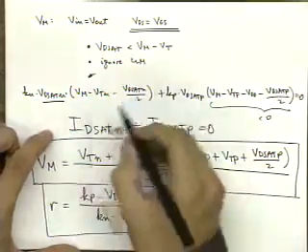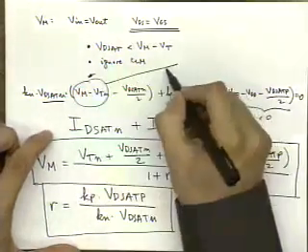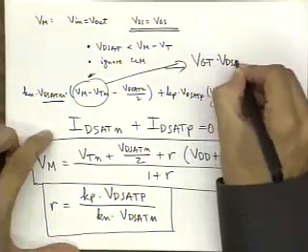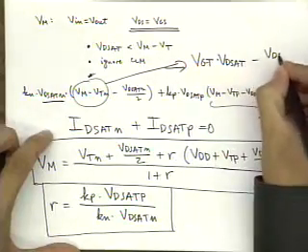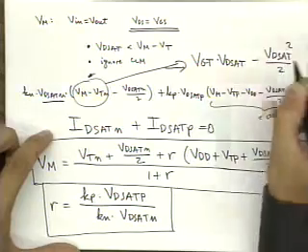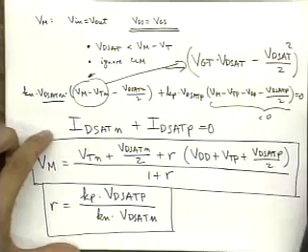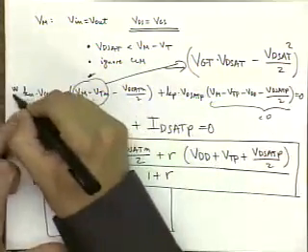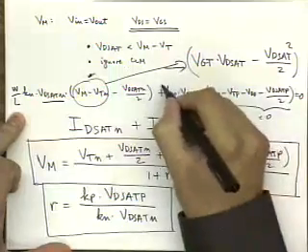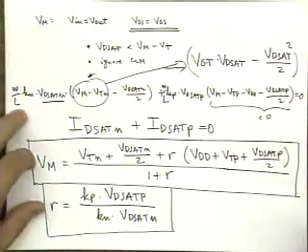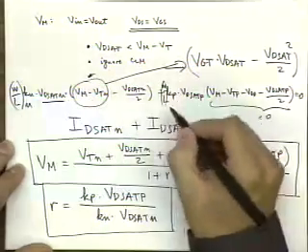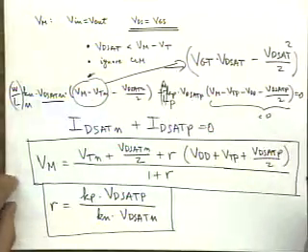So over here you have VGT times VD sat minus VD sat squared over 2, and then you have this Kn, and I guess we need W over L over here, W over Ln and W over Lp.